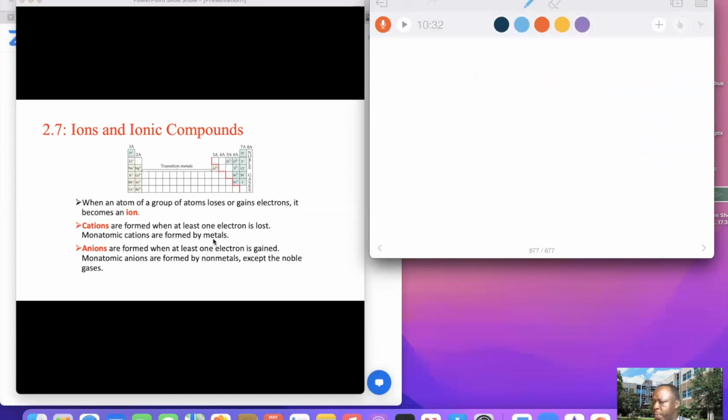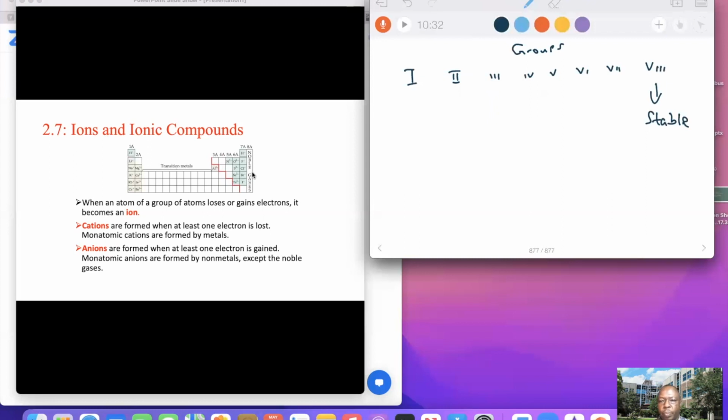If you recall the periodic table, there is 1, 2, 3, 4, 5, 6, 7, and 8 here. This is group 1. These are groups right here. What we know as far as group 8 here, the noble gases, is that they don't react. They are stable elements. That means they don't react.